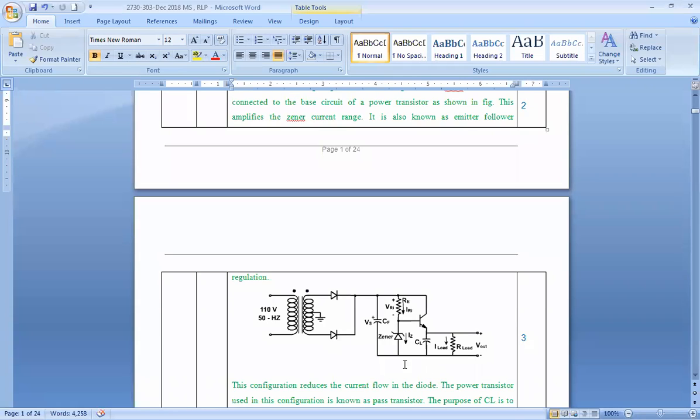Whenever you have this kind of symbol, it's nothing but a Zener diode. Then you have a capacitor, the load at the capacitor, the current at the load, the resistance at the load, and the final output voltage.